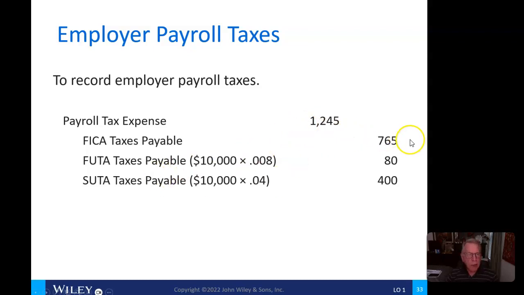And that is the same number here for FICA, Social Security, and FICA Medicare, right, that the employees paid. It's duplicated by the employer, and then the FUTA tax, 0.008 times 10,000, $80, and then the SUTA is going to be $10,000 times 0.04. That'll be $400.